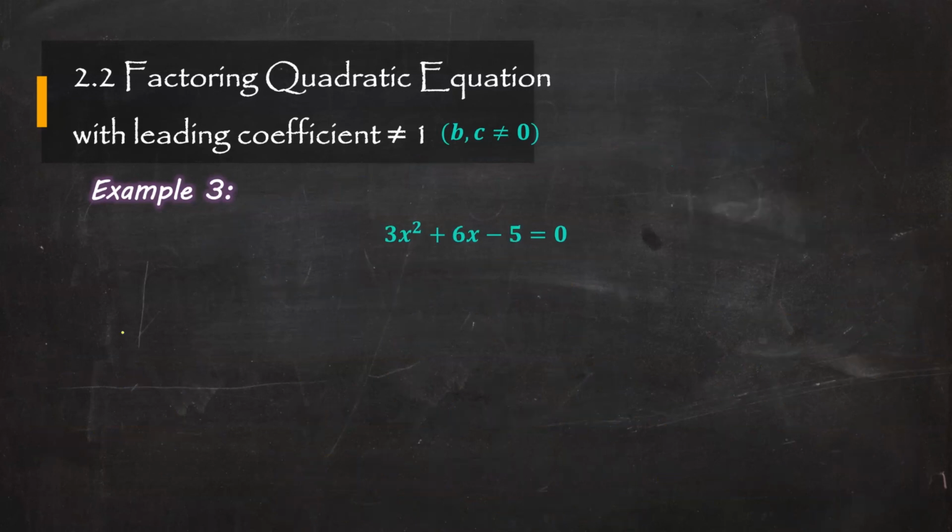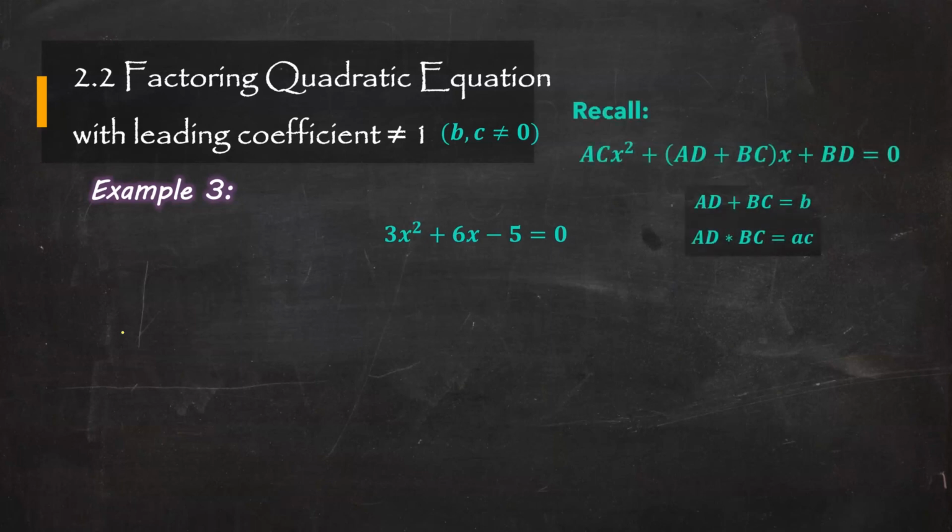So let's do a final example. So we have 3x squared plus 6x minus 5 equals 0. And here are those equations and expressions. Okay, so our b here is 6. And a is 3. c is negative 5. So a times c is negative 15.